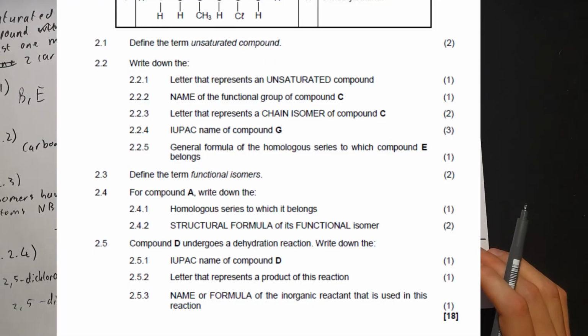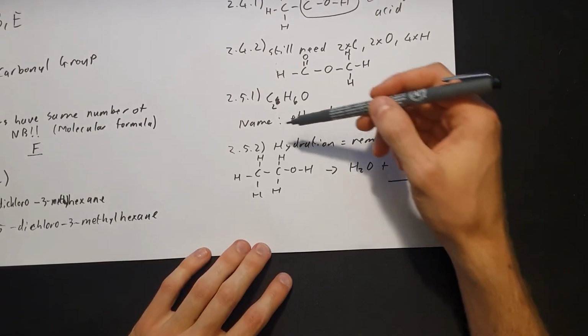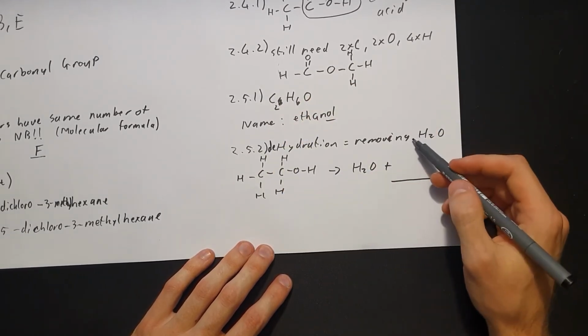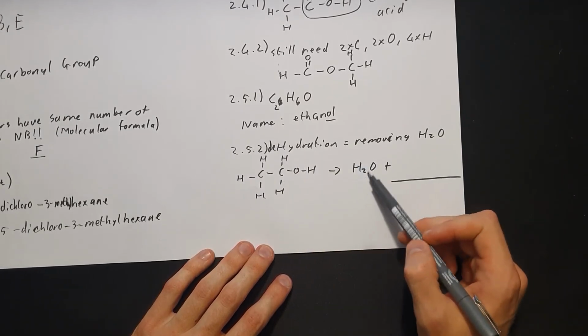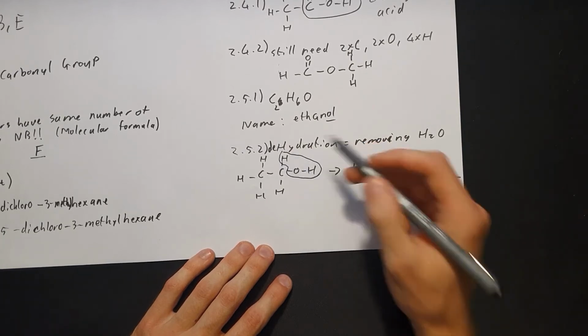Now, 2.5.2 is asking you to write down the letter that represents the product of the reaction. Remember, we're doing a dehydration, so we're removing water. If I take this compound over here and I remove 2 hydrogens and 1 oxygen, what's going to be left?